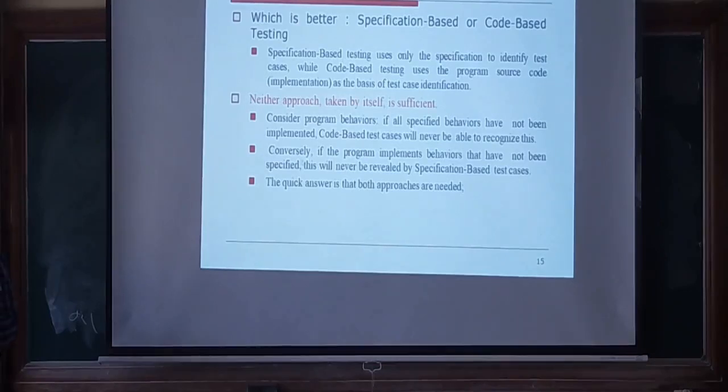So both are equally important. Whether all the specification in the software is implemented or not will be identified only through specification-based testing. If some additional code implements behavior which was not in the specification, then obviously specification-based testing alone will not judge those.